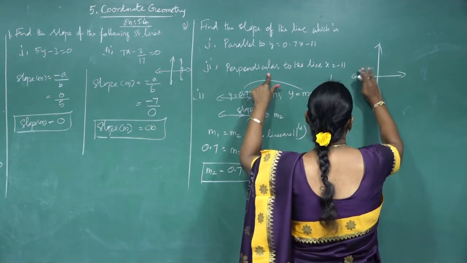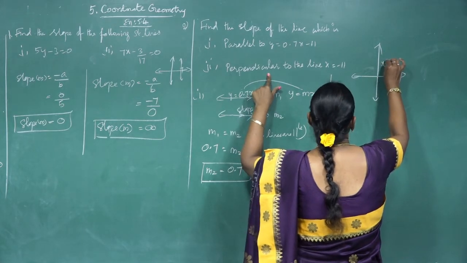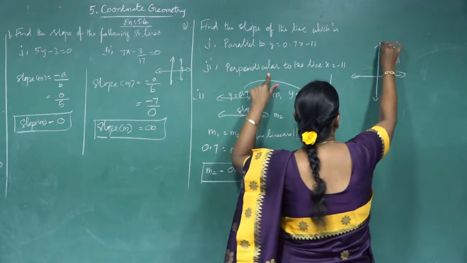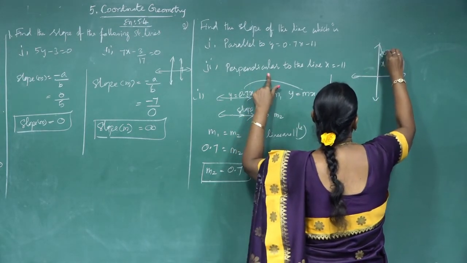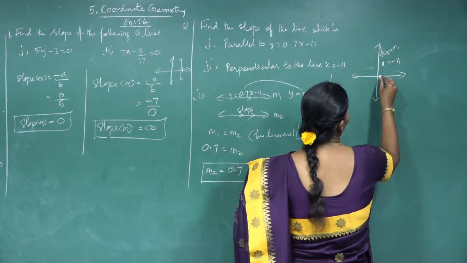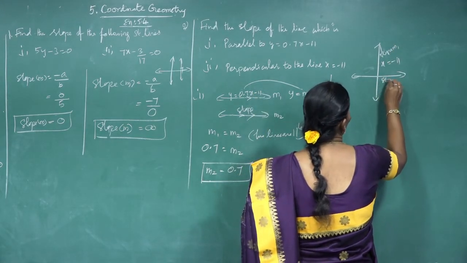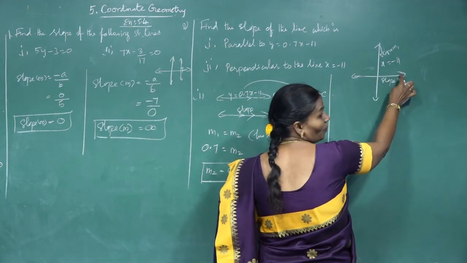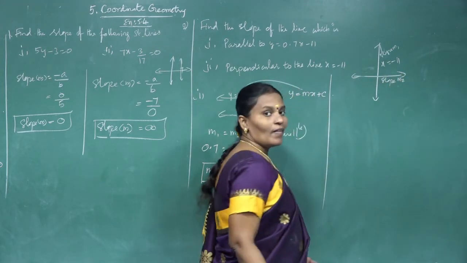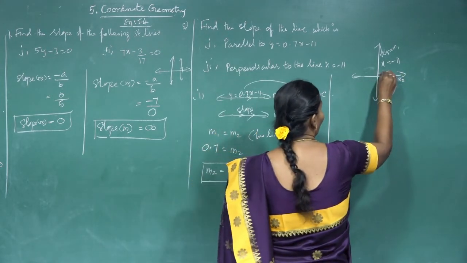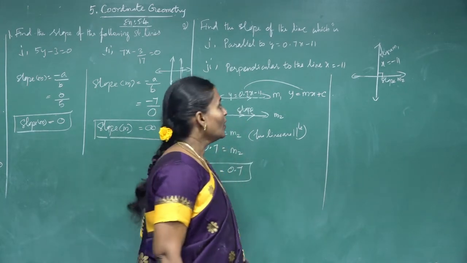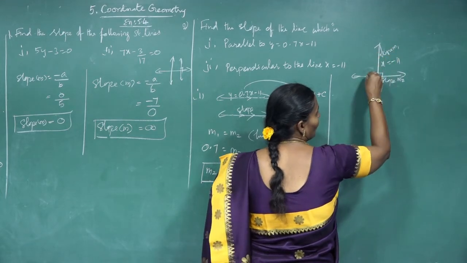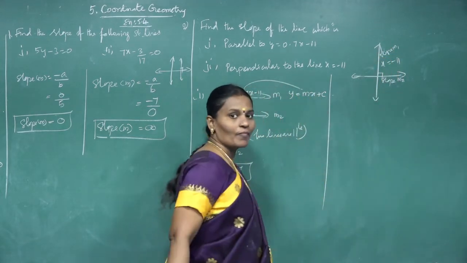You consider the slope of this line is m1, and you have to find the slope of the other line, m2. These two are perpendicular. The equation of this line is given, and you have to find the perpendicular line's slope.